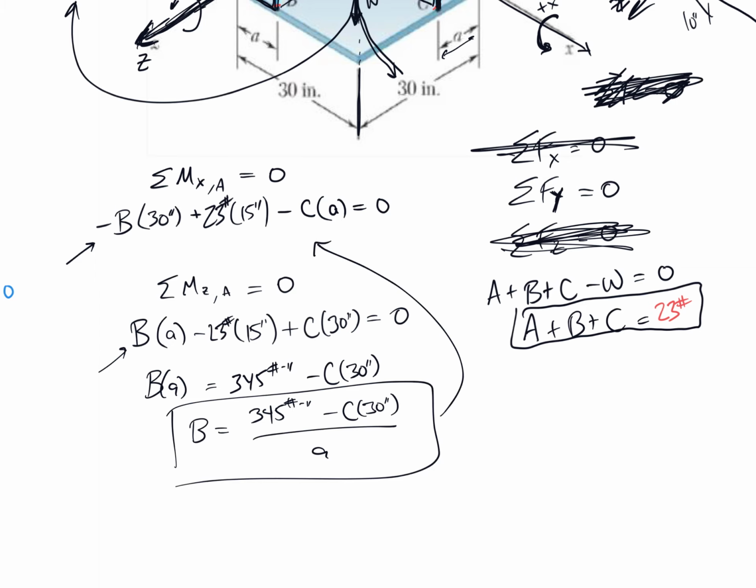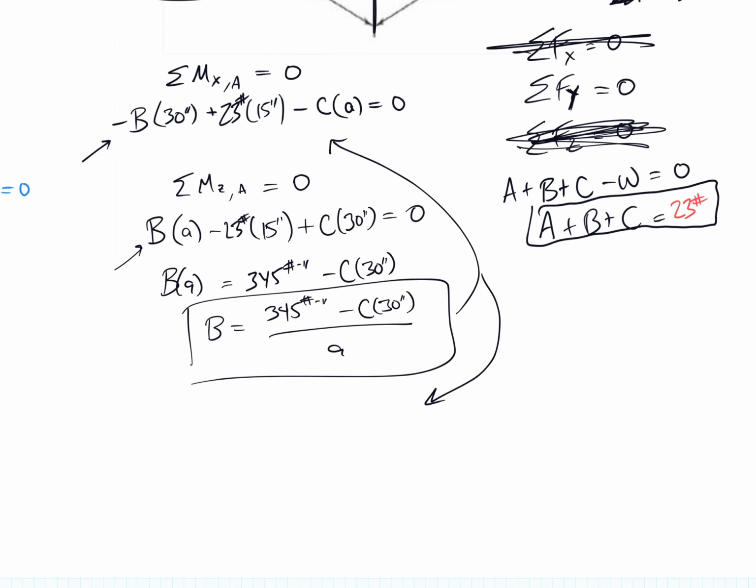I'm going to do it down here, but I'm just showing you. So instead of B, I'm going to have 345 pound inches minus C times 30 inches, divided by A. Maybe it's a good time to plug in the old A, which is 10 inches.